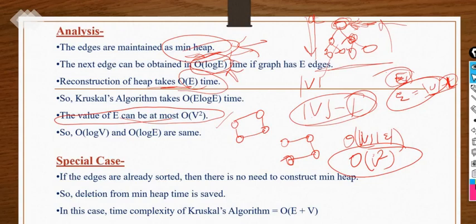It's up to you. It doesn't matter. What will be the Kruskal's algorithm time complexity? It will be e log e, or you can write v log v.